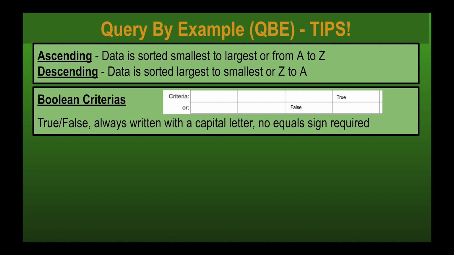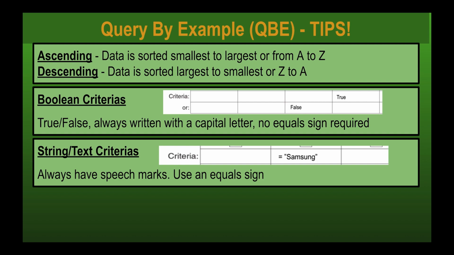And just like in our programming, a capital letter is used at the start of true and false to represent that Boolean value. When you have a string criteria, always use an equal sign and speech marks, okay? Just like in programming again, our speech marks indicate string data. I can't see my fingers right now, but I'm making speech marks for you. It equals speech marks, text value inside, okay?